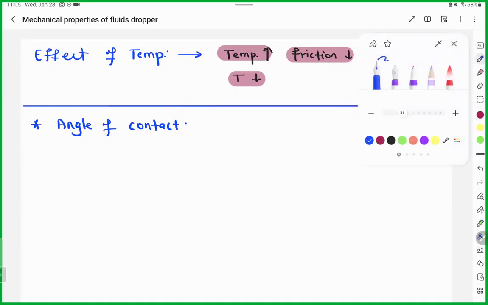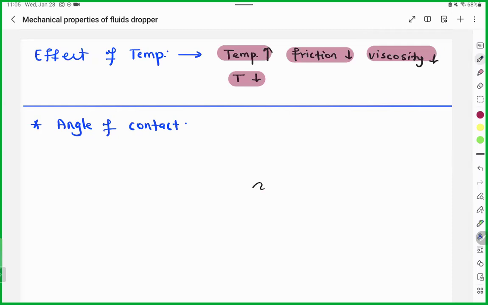You will not understand what I said if I don't draw a diagram. For example, this is the surface, and this is the liquid drop. In this case, there are three things: solid surface, liquid surface, and air.